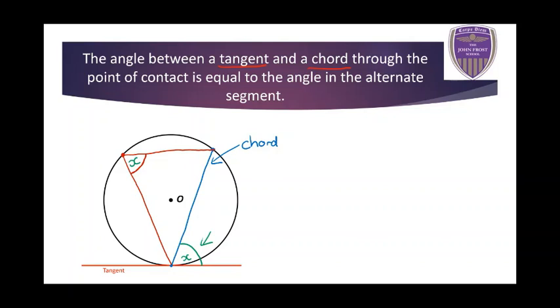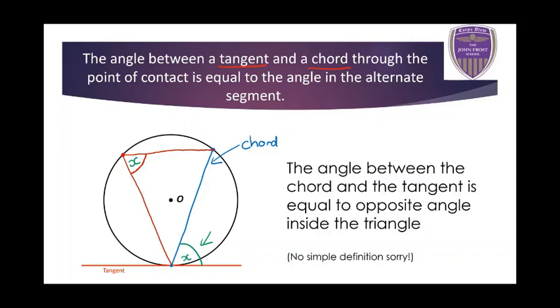Now the wording is quite complicated, so here's the best definition I could come up with. The angle between the chord and the tangent is equal to the opposite angle inside the triangle.